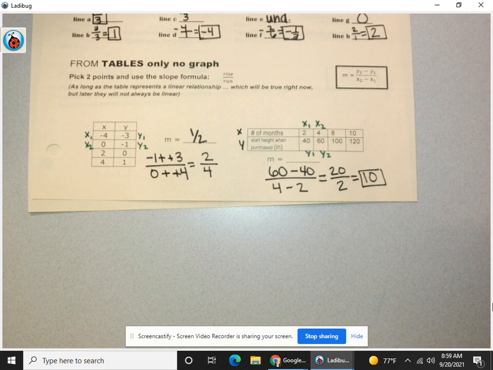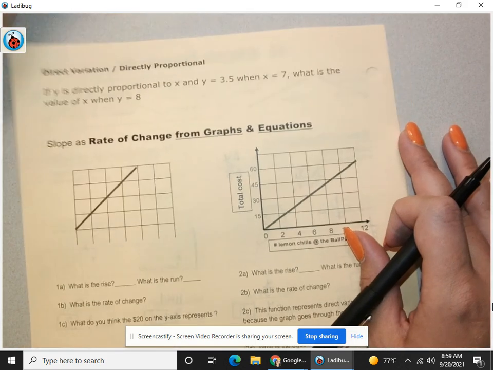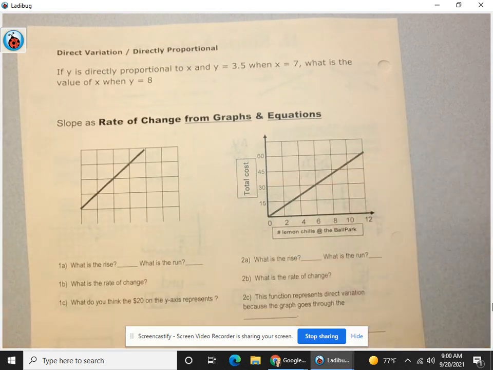Okay, so then let's turn over to the back. Direct variation and directly proportional kind of mean the same thing. There's only one thing different about direct variation, but we'll go into it in a couple of days.